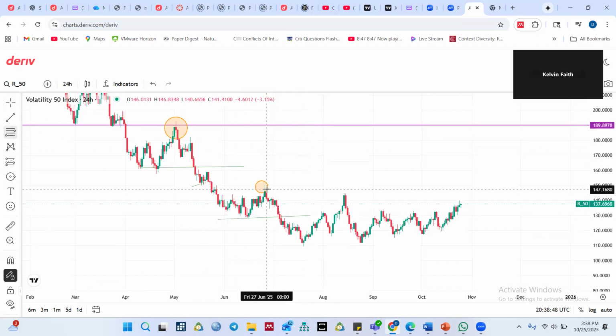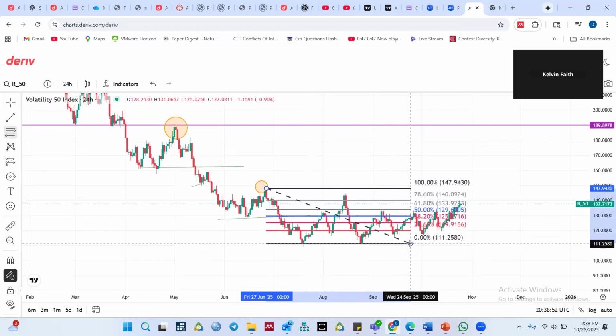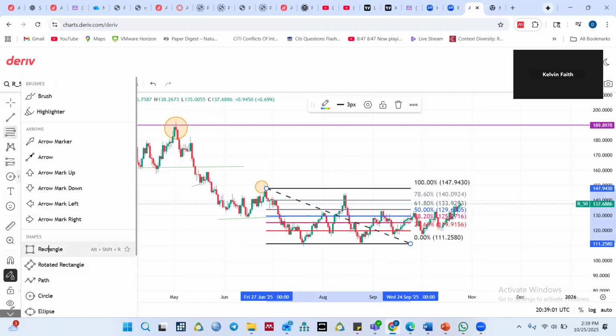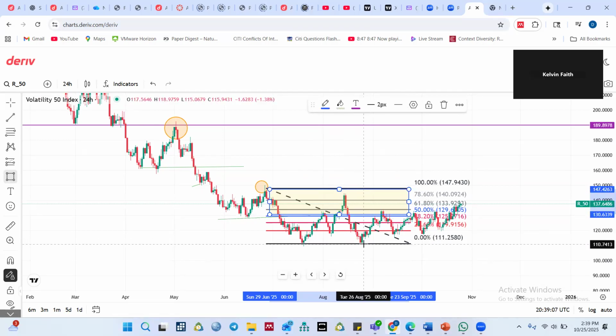From that high, price pulled back into what we call premium, above 50%. Then it sold, but it failed to give us a new low.